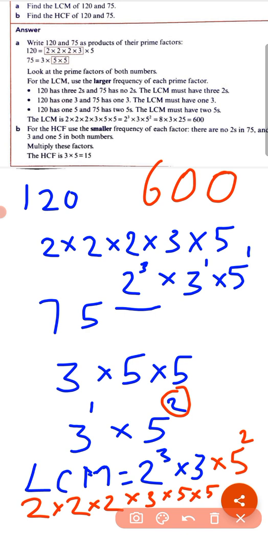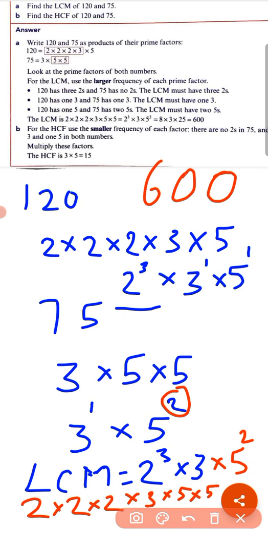This is the LCM of these numbers. First, we have to factorize each number, that is, write each number in terms of its prime factors. You can use the factor tree method. Then choose the number with the larger frequency or the highest power.